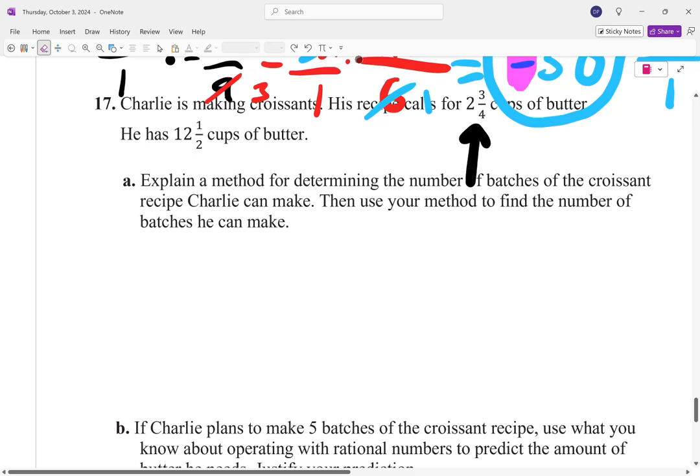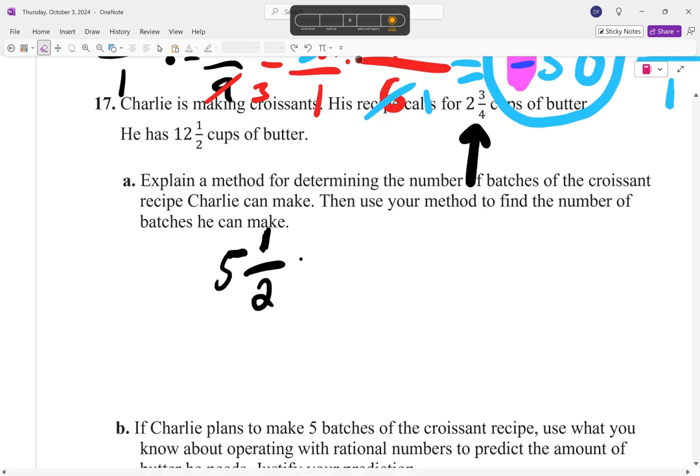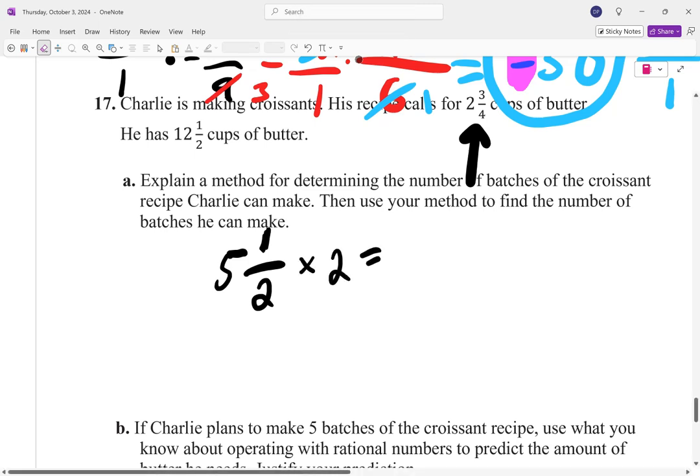So it's gonna be 5 and 1/2. 5 1/2. And then it's a lot easier to see how many times 5 1/2 goes into 12 1/2.